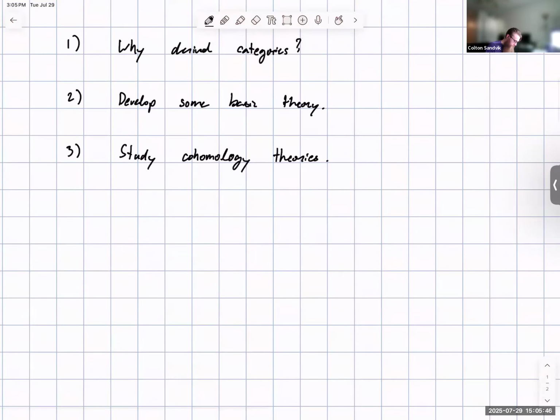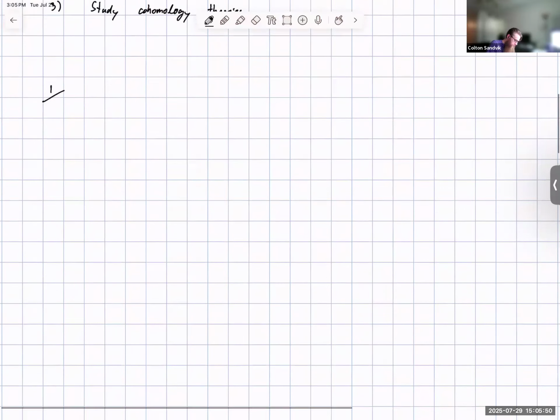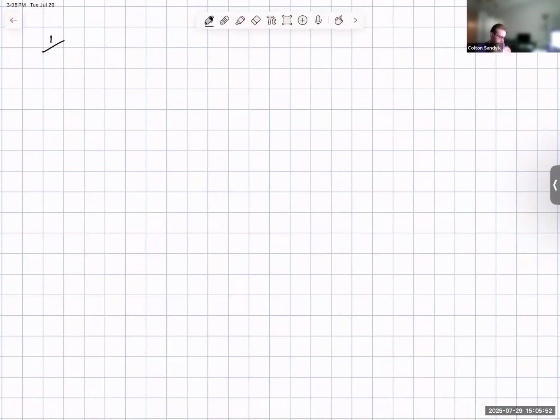Okay, so let's first start by doing a quick review of some classical homological algebra from like the 1930s or so. So let's take R to be just some commutative ring, and let's just take M to be an R module.